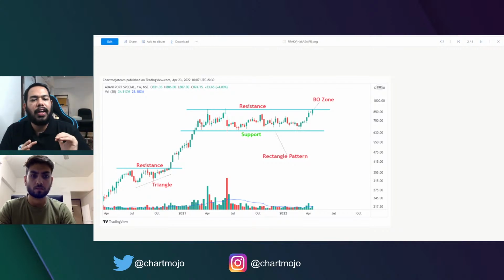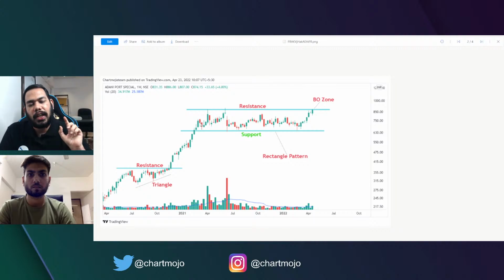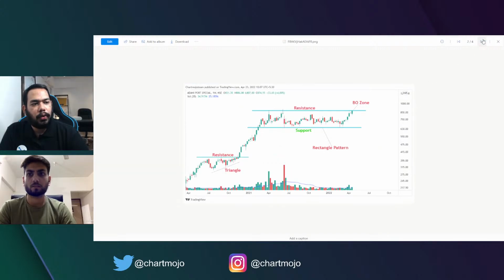So above 900 we will be looking for a long entry with the SL at the low of the particular candle. Now we are talking about the weekly chart, so we will take the low of the daily candle which happened on Friday.